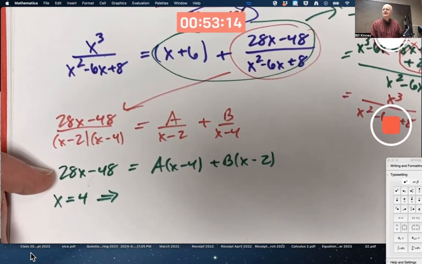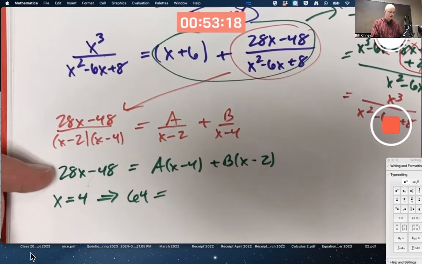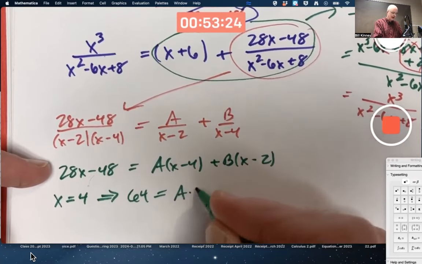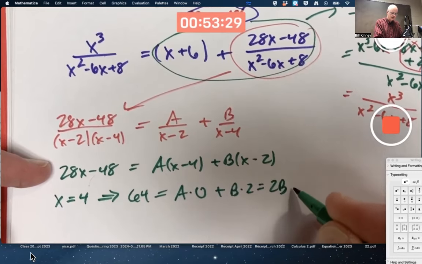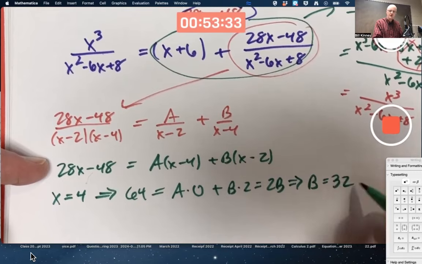Minus 48 is 64. I plugged in x equals 4 right there, where I'm pointing. Plug it in the right side too, get a times 0 plus b times 2, which is 2b. So b is 64 divided by 2, 32.